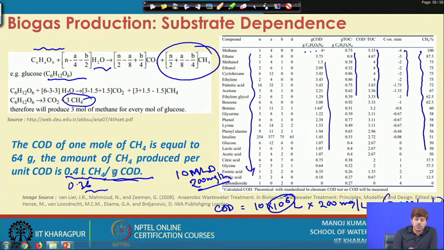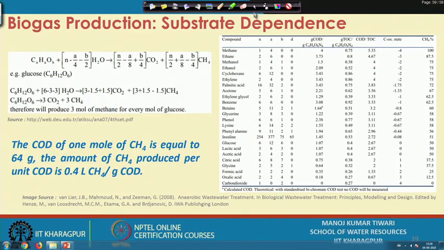For 200 kg of COD, how many liters of methane will be generated, what will be the storage requirement, what partial pressure can this methane generate, and what could be its potential usage can be estimated. That way, the estimation of methane or biogas can be done for a given setup if we know the characteristics of the system.